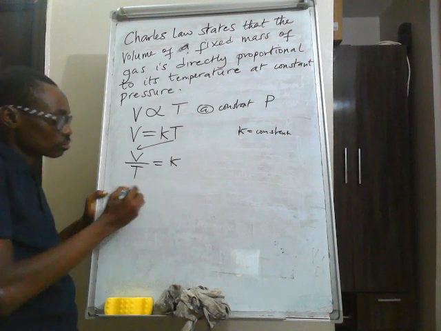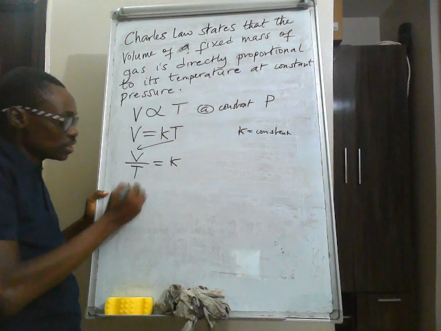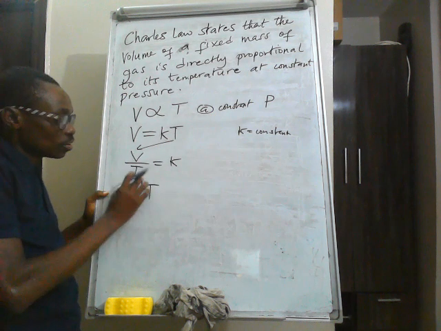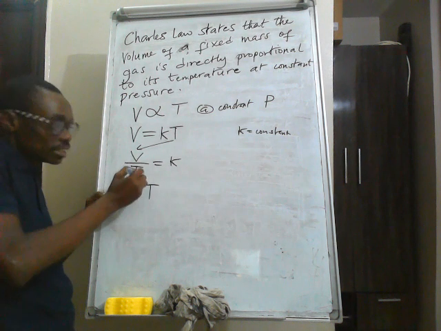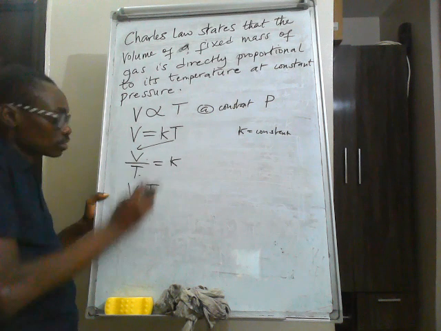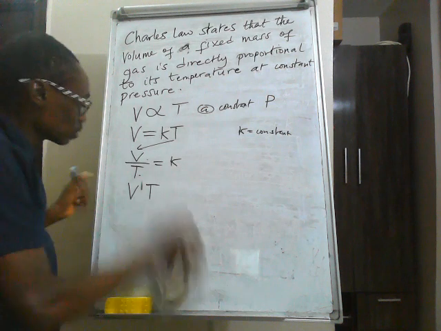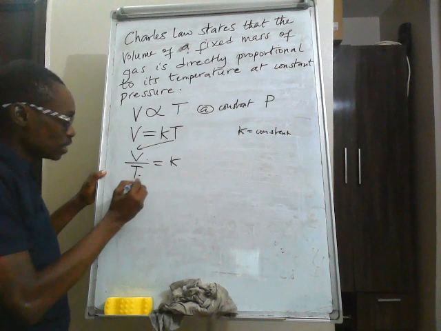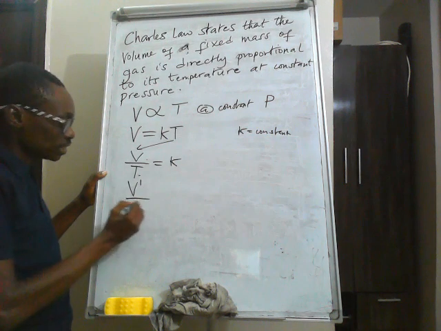So from here now, we can say that V is raised to power 1, and this T can come up. Before we even bring it up, V here is power 1, T here is power 1.